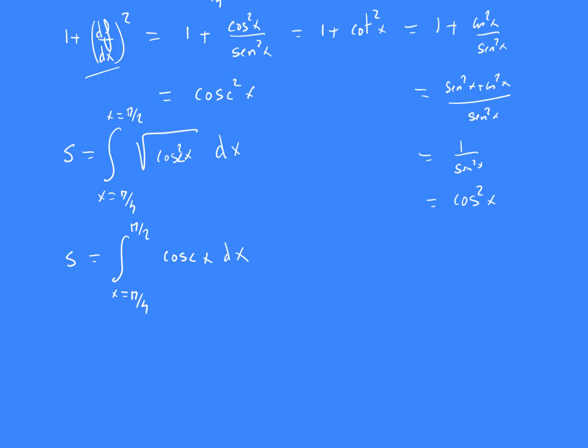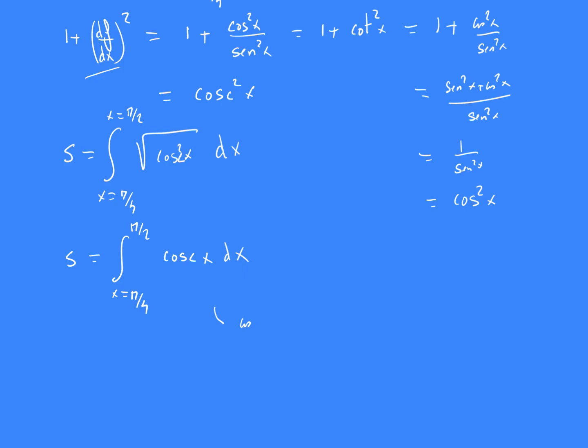You have to do the same trick that we did with secant. Remember, in the case of the secant, we multiplied by secant x plus tangent x divided by secant x plus tangent x.